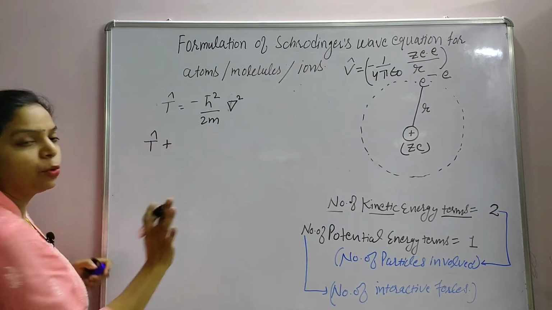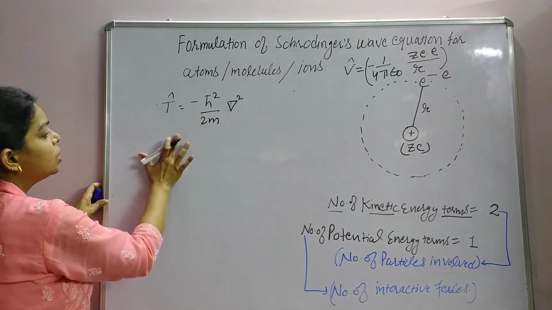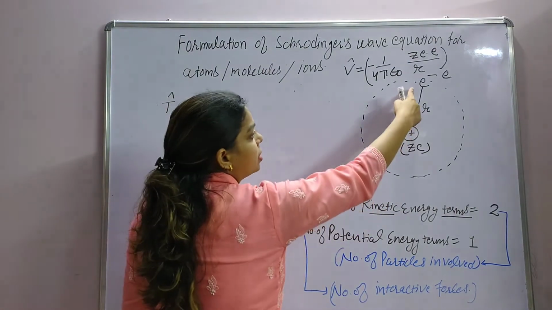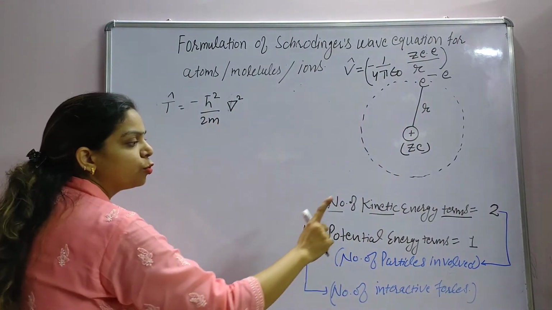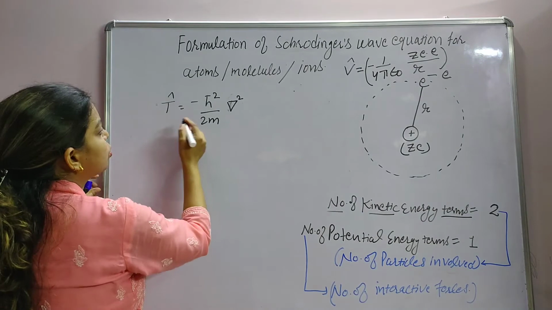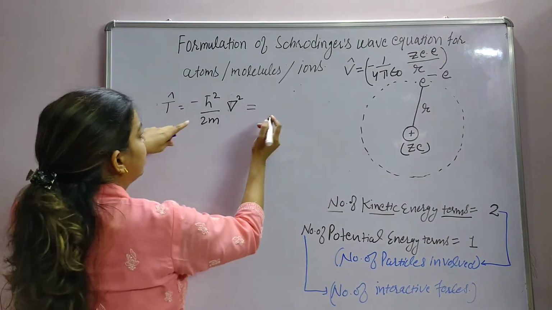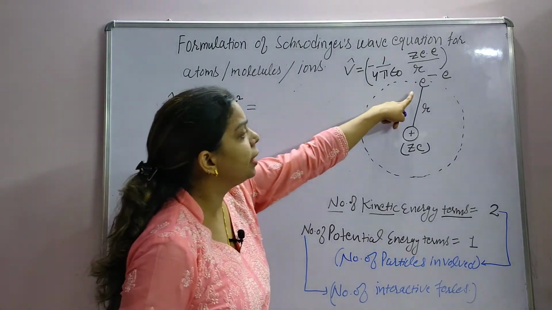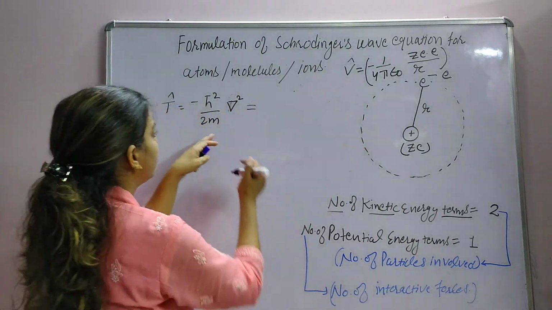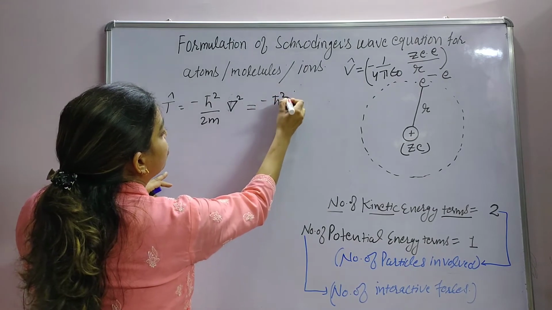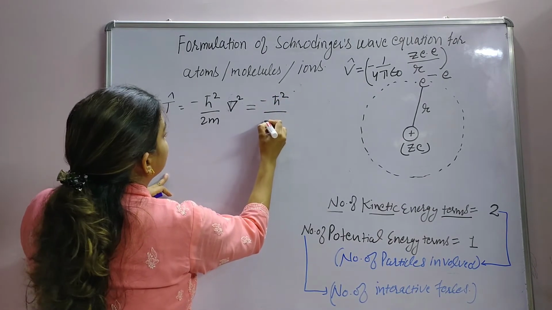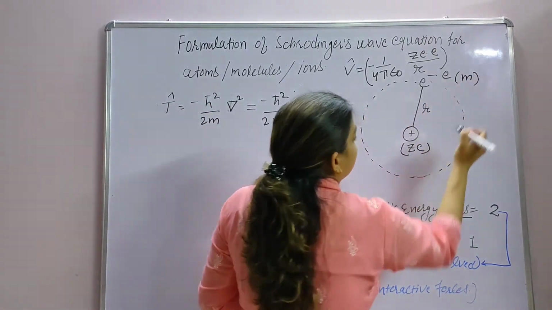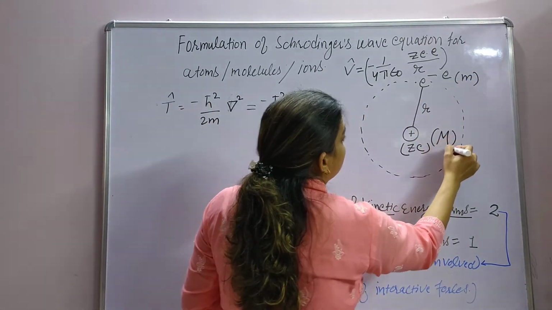So we have to find out kinetic energy terms now. Number of kinetic energy terms will be equal to number of particles involved, one electron, one nucleus. So you have two kinetic energy terms. So this will be split into two, because the positions of both these will be different and their del operators will be different. So it means minus h bar square over 2m, let's say small m is the mass of the electron and capital M is the mass of the nucleus.